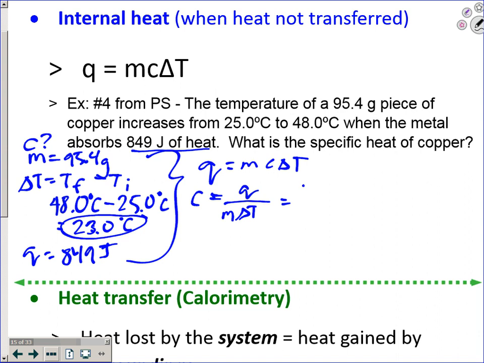All right, so Q is 849 joules. Make sure you write your units. Divided by, what's my mass? 95.4 grams. That multiplied by 23.0 degrees Celsius. Okay, before we calculate, what units cancel? None of them. What's the point, right? Because it shouldn't cancel because this is C. All right, and then calculate for me. I'm going to actually calculate these.